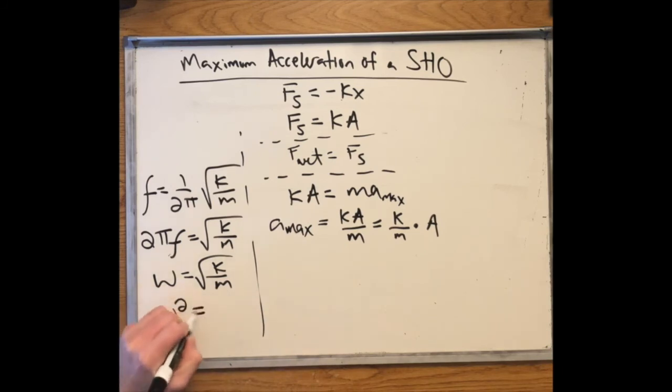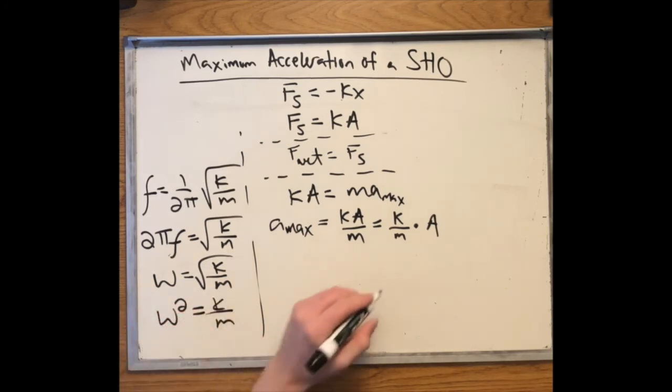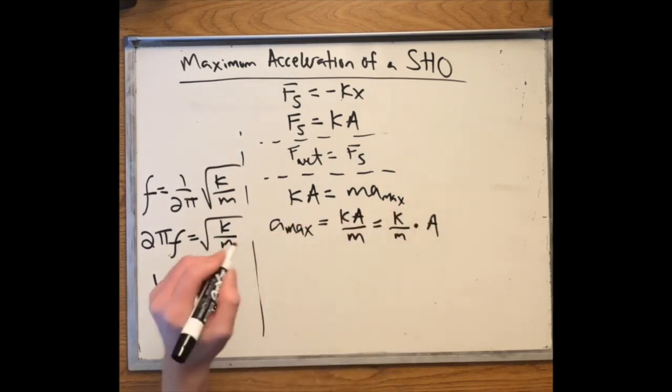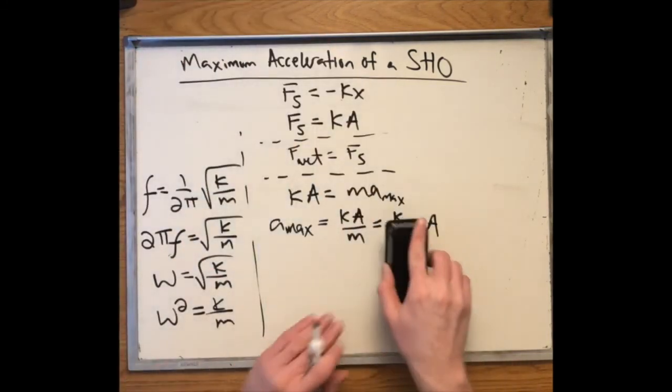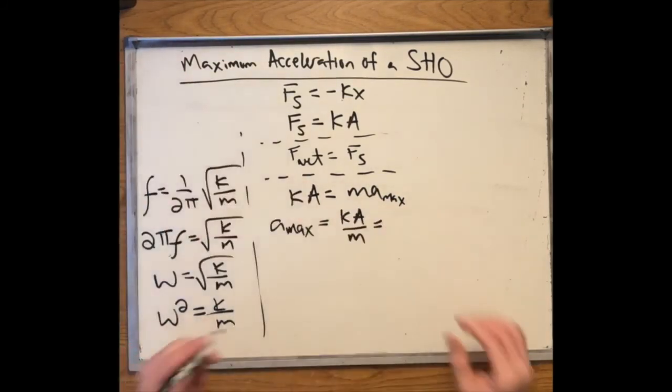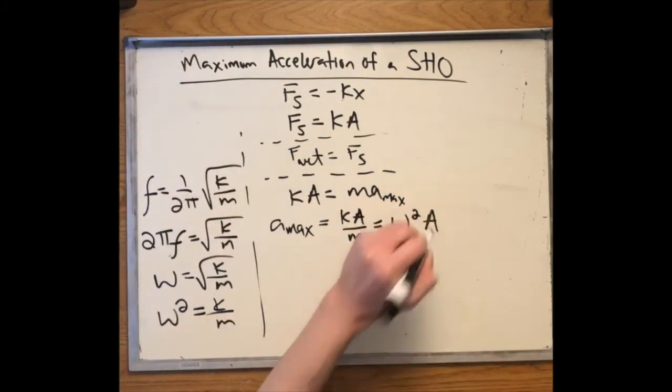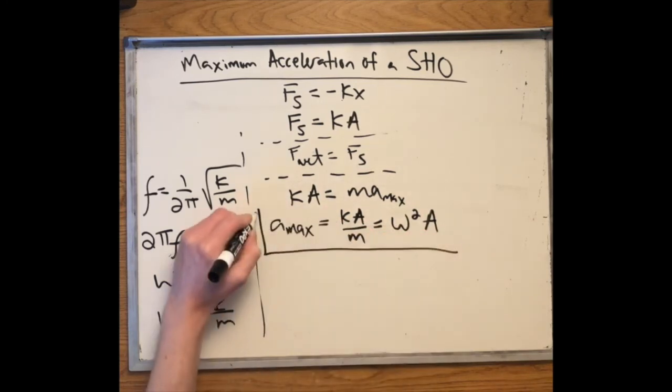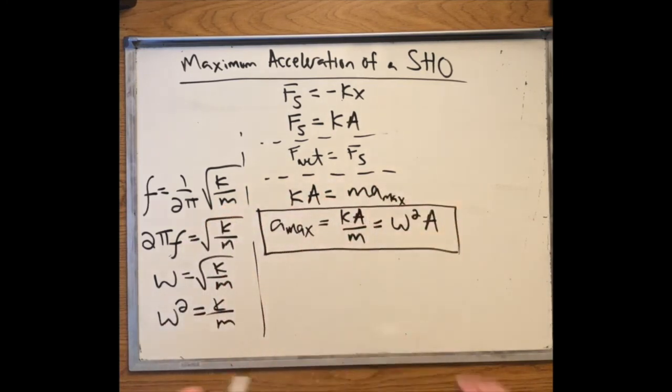So we have omega squared equals k over m. And so we can rewrite that as omega squared times A. This part is not overly important, but it's a nice little pattern that can be shown with how these values, maximum position, maximum velocity, maximum acceleration, shake out. And I want to talk about that here before we take a look at a problem.